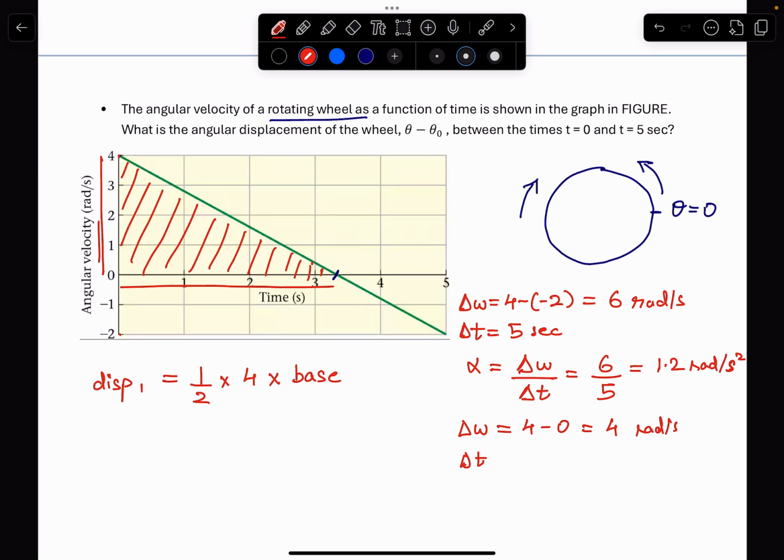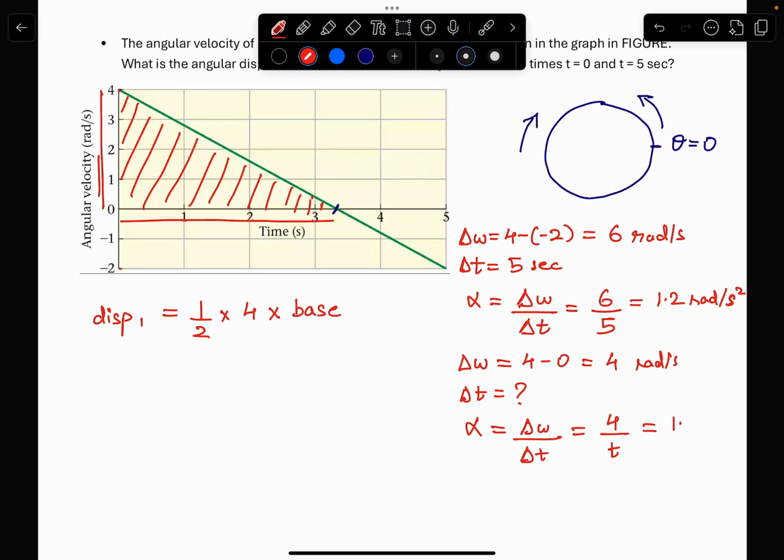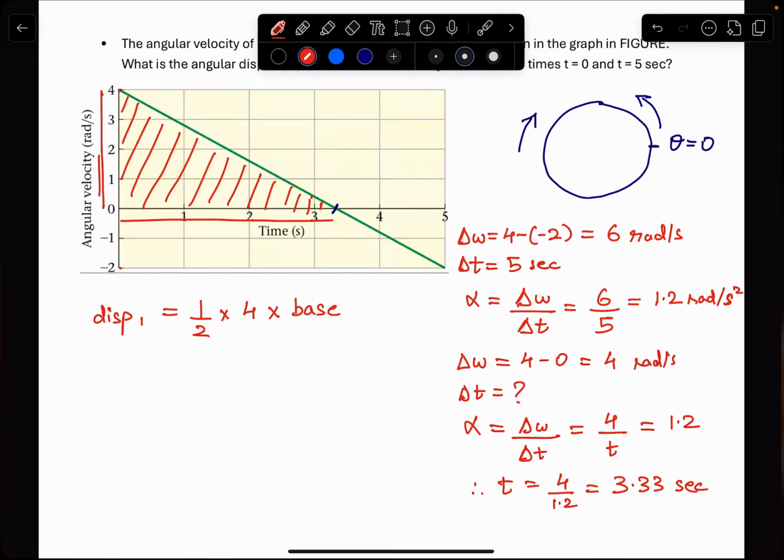So I have to find delta t. Again, alpha is equal to delta omega by delta t. This would be 4 by t. This is equal to 1.2, again because it's a straight line. Therefore, t is equal to 4 divided by 1.2, and this is equal to 3.33 seconds, which is this.